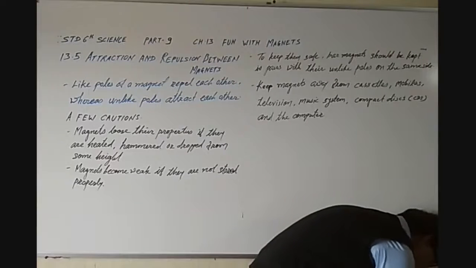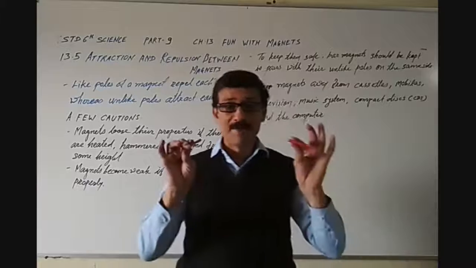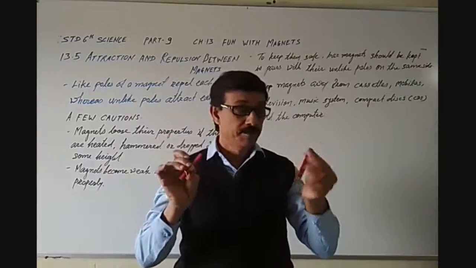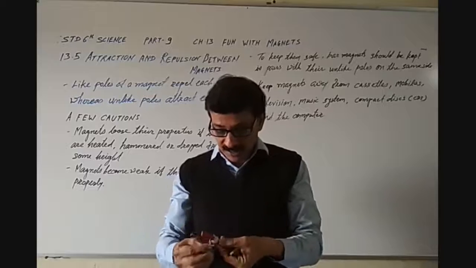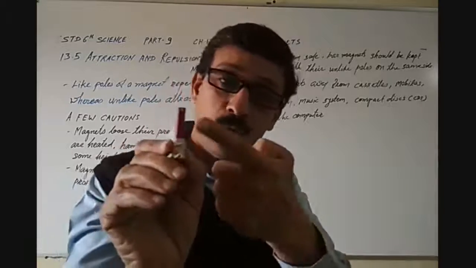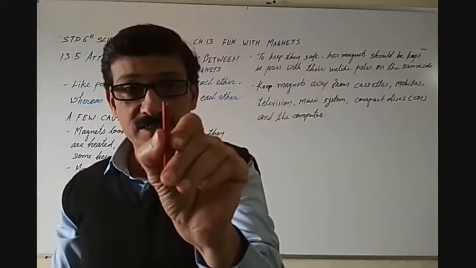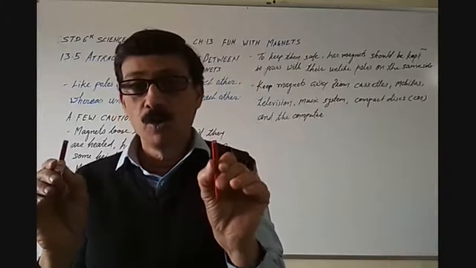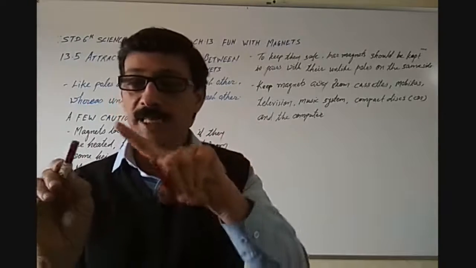Suppose I have two bar magnets. Let me show you one thing: there is a dot over here, and in the same way there is a dot over here in this magnet. That means it indicates that both the poles are the same, this pole and this pole.